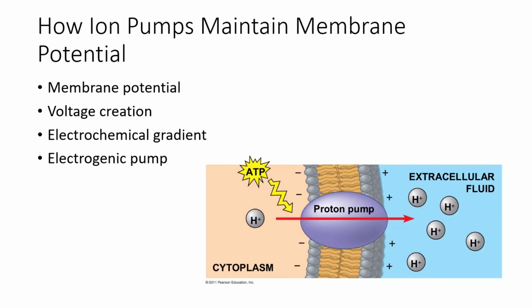Now, how do ion pumps maintain membrane potential? A membrane potential is the voltage difference across a membrane. A voltage is created by differences in the distribution of positive and negative ions across a membrane. Two combined forces, collectively called the electrochemical gradient, drive the diffusion of ions across that membrane.